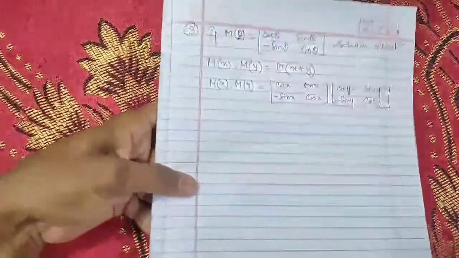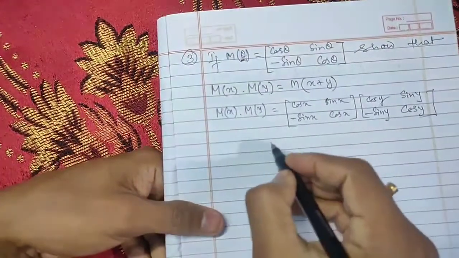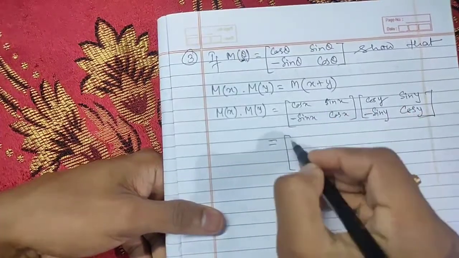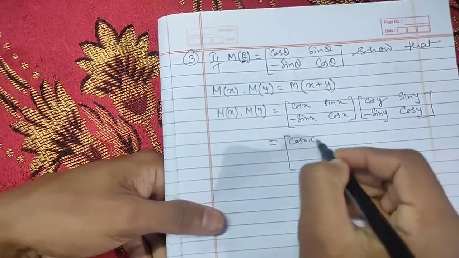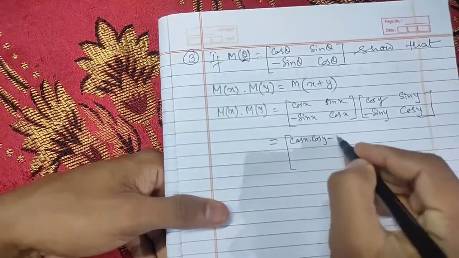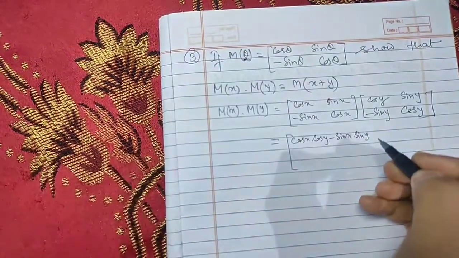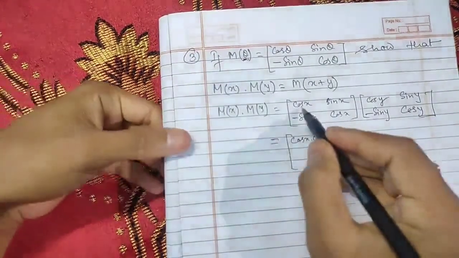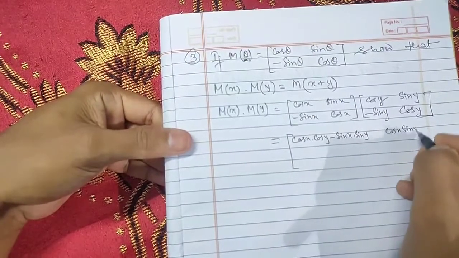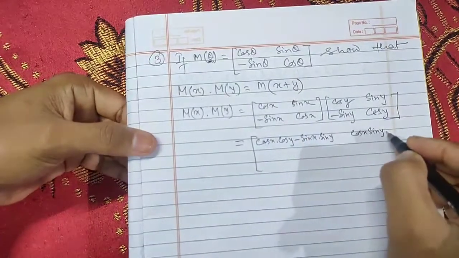Now we have to multiply. So multiply it: cos x into cos y minus sin x into sin y. Next, cos x into sin y, cos x sin y, plus sin x cos y.